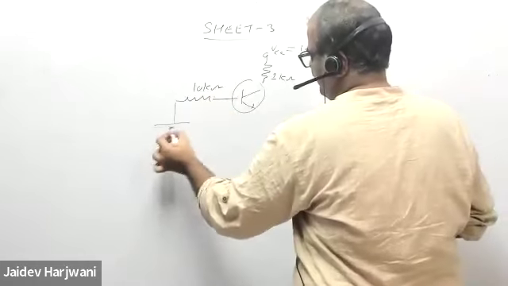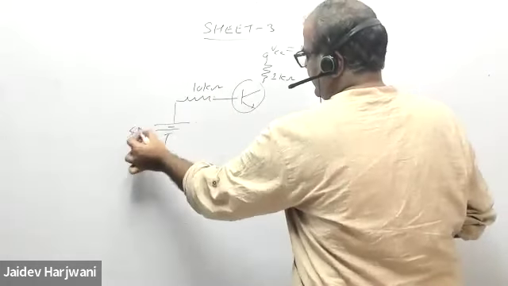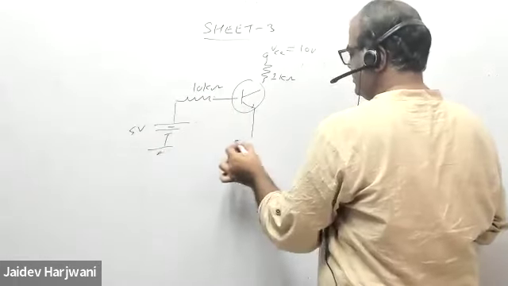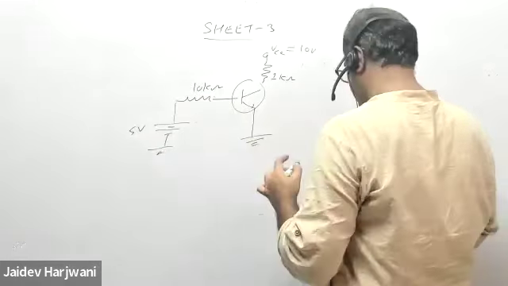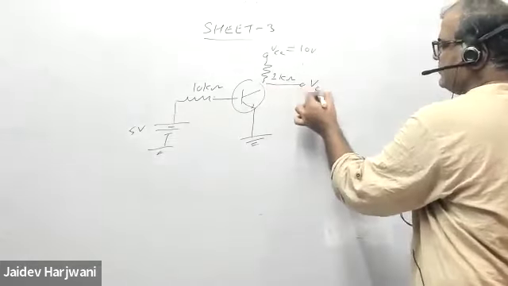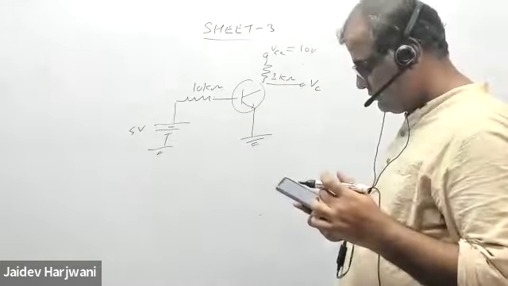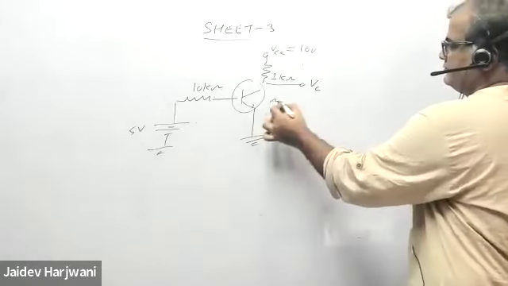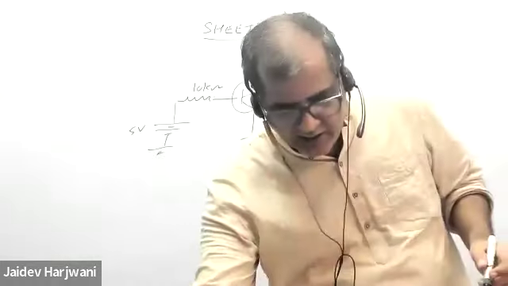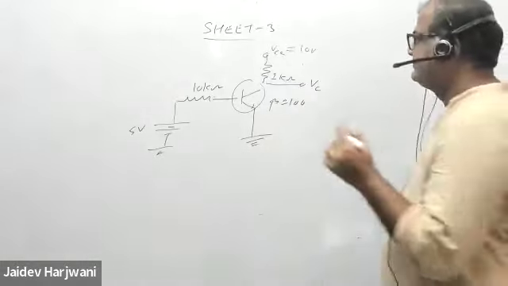Here a 5 volt battery is there, and here you have a ground. You want to find what is VC here. That is a very simple question. Beta is given 100. Tell me how to do this question.